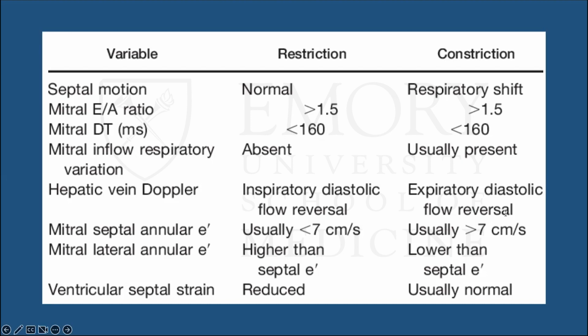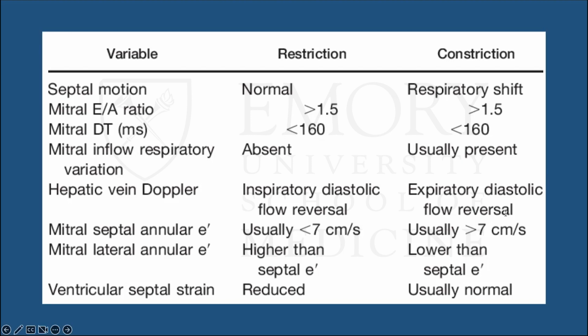However, what I mentioned earlier was that mitral valve inflow, when you're looking at the changes in velocities with breathing, you should see that with constriction, right? Because of that phenomenon of the ventricular septum bowing, as well as the inability to transmit those intrathoracic pressure changes to your cardiac chambers. And then hepatic vein Doppler, looking at hepatic vein flow reversal, right?